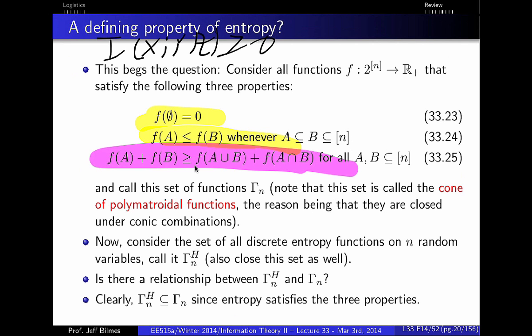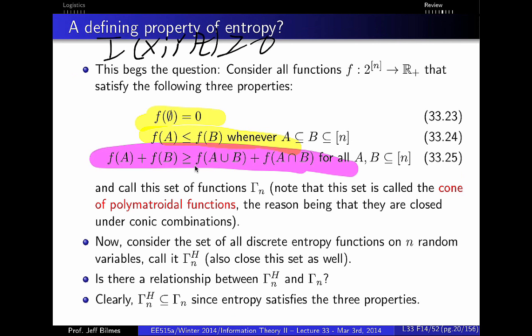It's closed under non-negative conic combinations. And it's a cone in R to the 2 to the n minus 1. Why? Because the empty set value is restricted to be 0, but the other 2 to the n minus 1 dimensions are free.